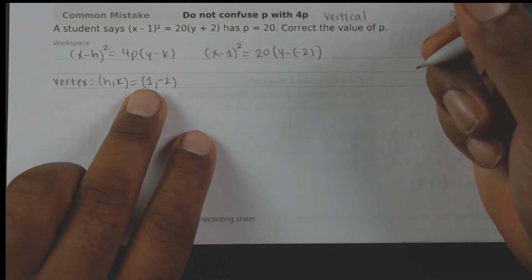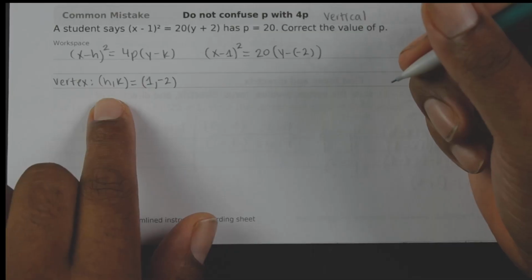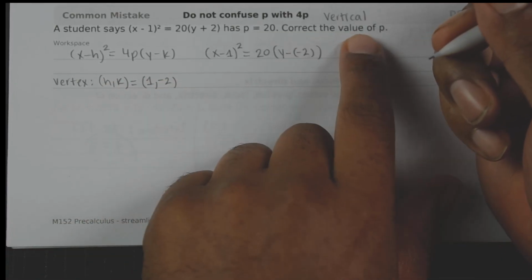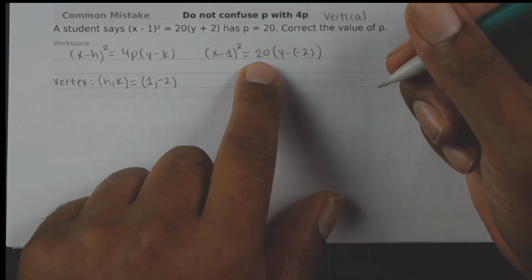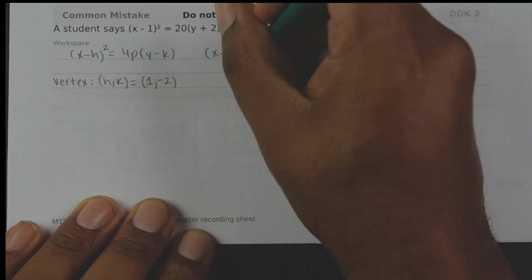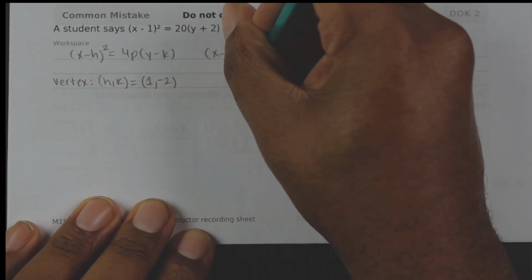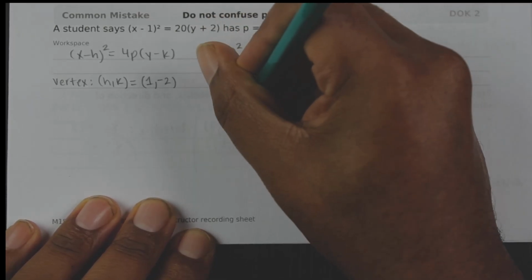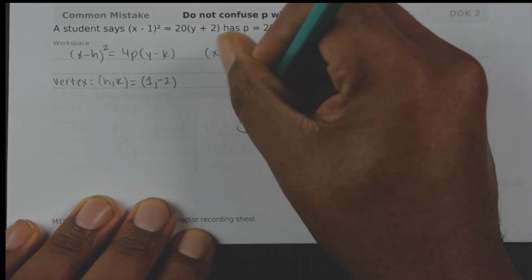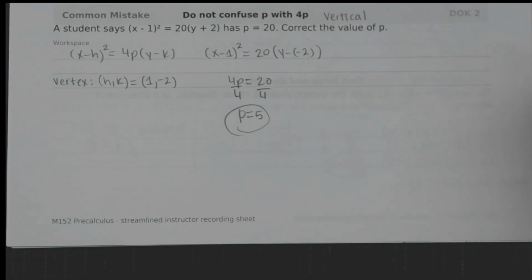I really didn't have to find this, but I just wanted to show you how to identify it. But it says correct the value of p, so we'll just do that. So if this is 20, then what we would do is simply set 4p equal to that value, then divide by 4, divide by 4, p is equal to 5, okay? So that's essentially the answer. So the correct value for p is 5, and it's not 20, okay?